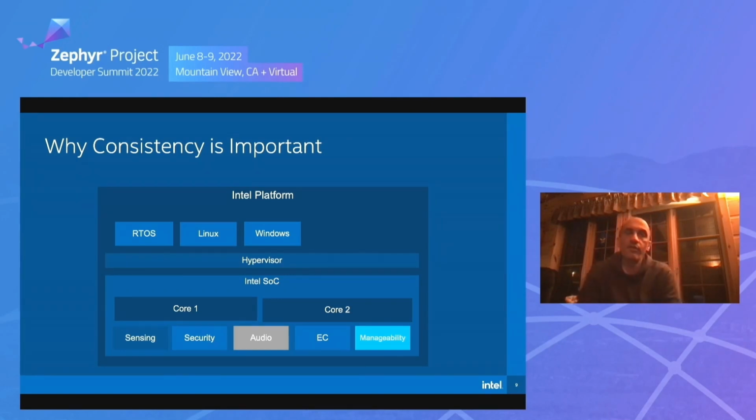So I hope all of this is now starting to make sense, and why consistency is important. I mean, think about the basic stuff that you do on a daily basis when you use Zephyr. When you build, you just run west build, platform name. You don't care about the tool chain. You don't care about the setup, the build system, etc. Everything is done for you.